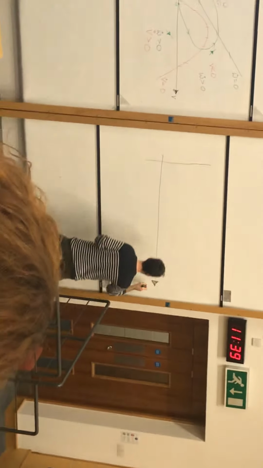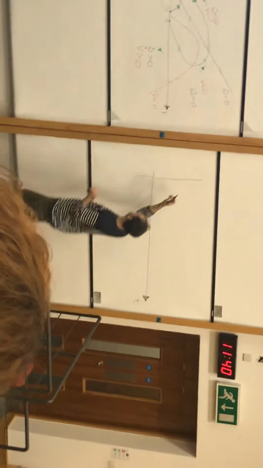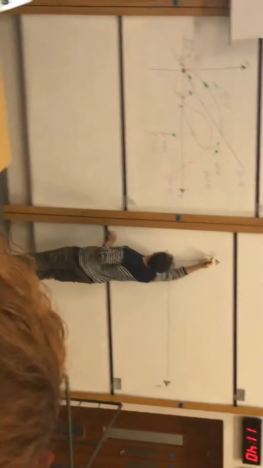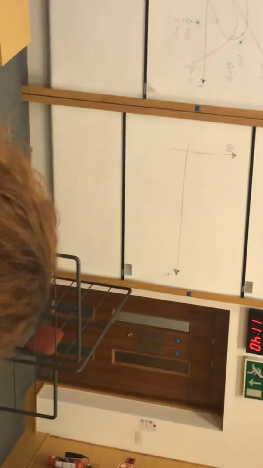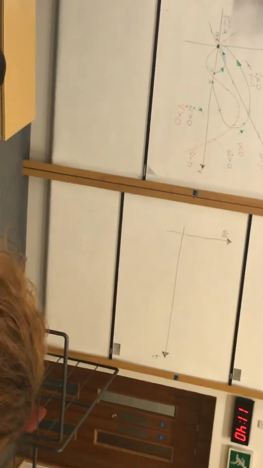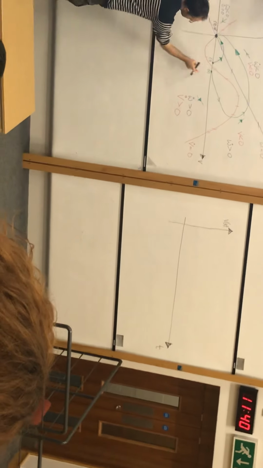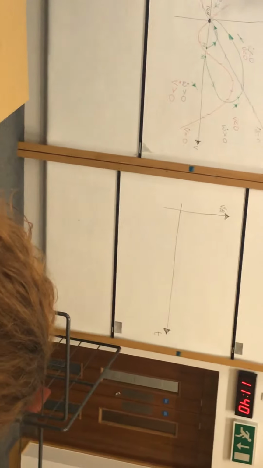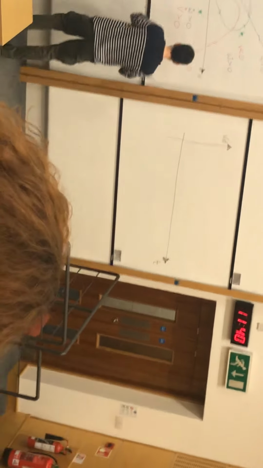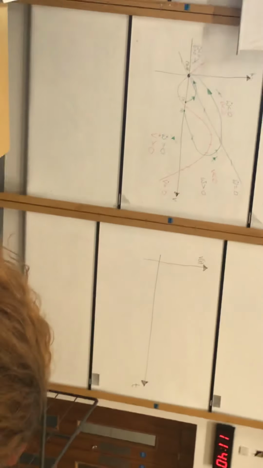So we can use this to work out what's happening to the voltage, V of t. I'm going to say it's not strictly the voltage, but it serves to describe the voltage. We can use this to see what's happening to V over time. How do we do that? Well, let's look at these two different initial conditions.